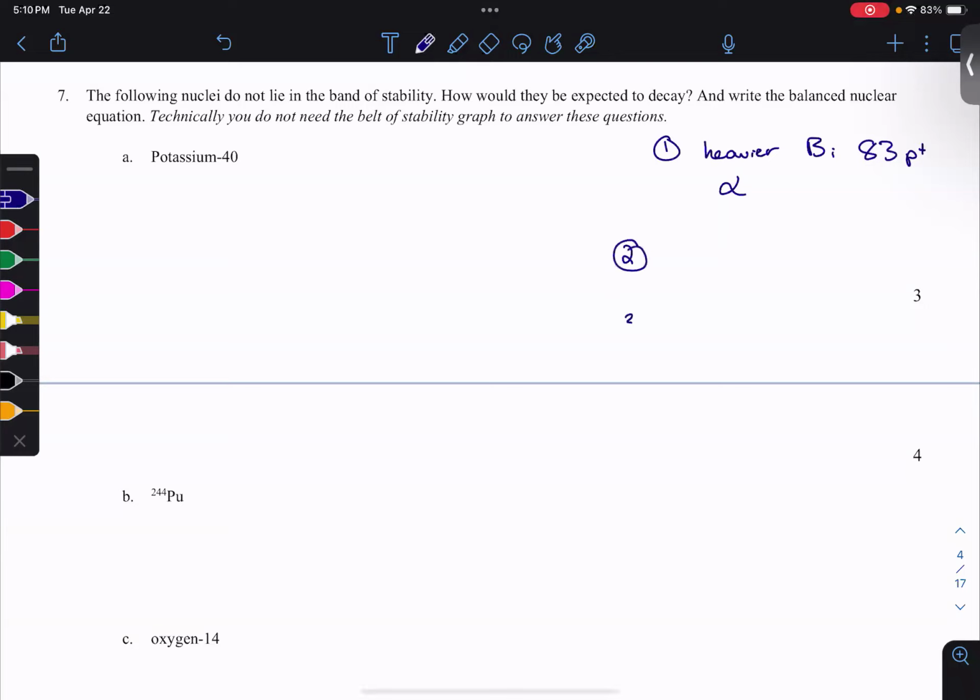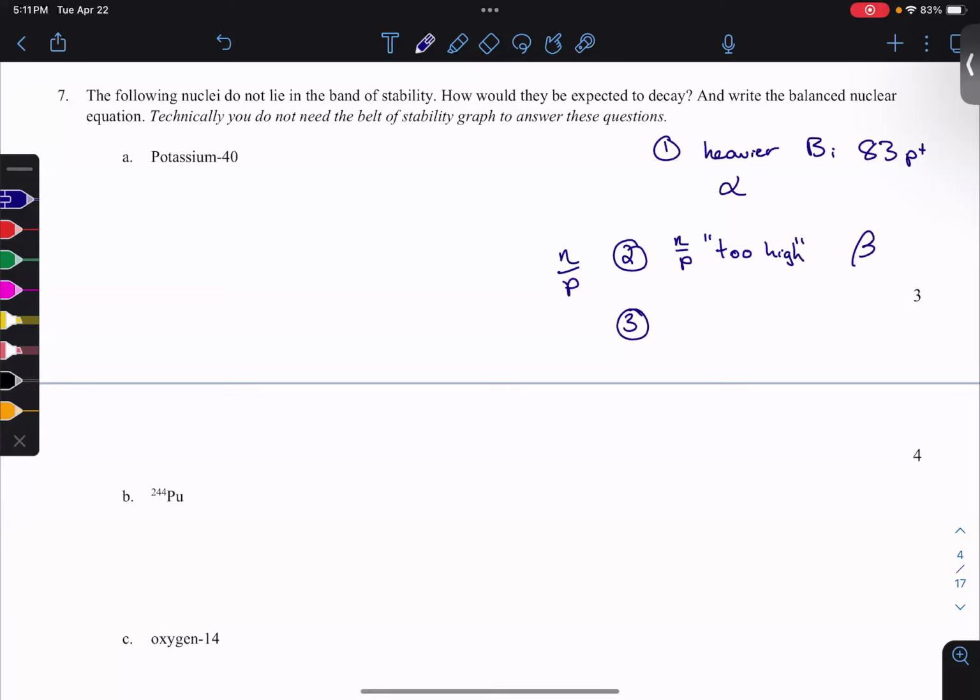The second and third rule go together, and this is based upon the neutron to proton ratio of your nuclei. There are basically 2 scenarios. If your neutron to proton ratio is too high, then what happens? You all should just learn this.